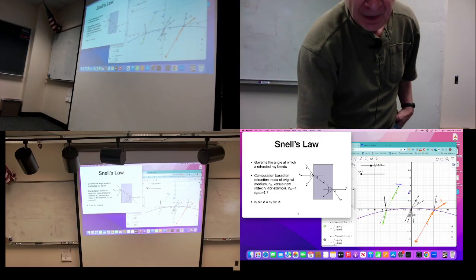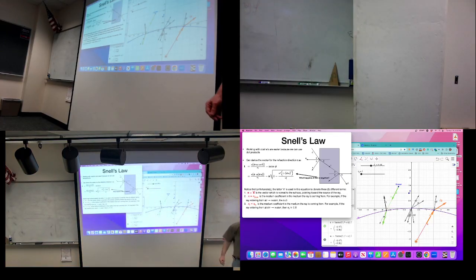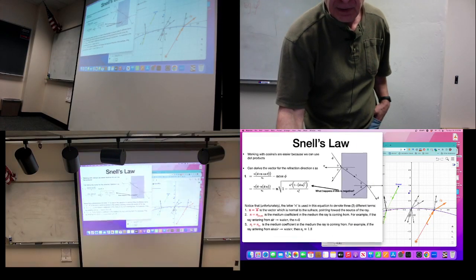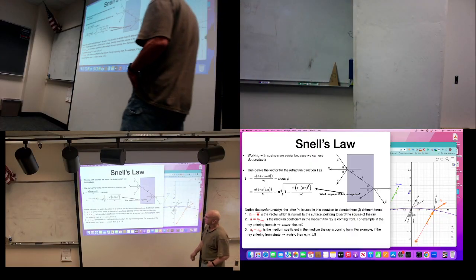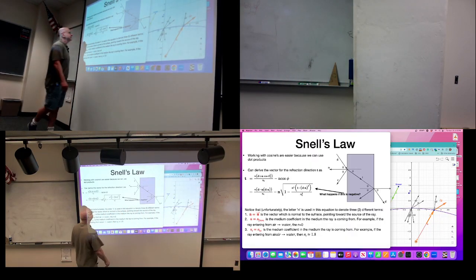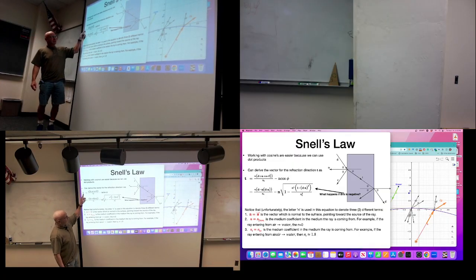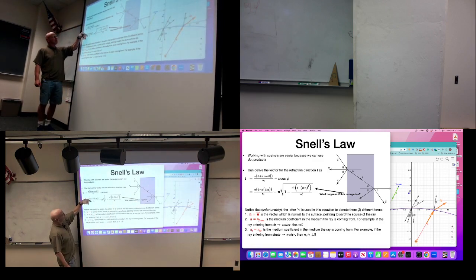What simplifies our life is the following form of Snell's law. I already showed you this slide, but now I added explanation because this formula, when you look at it without this explanation, could be confusing. Here is the direction t. What is the direction t?